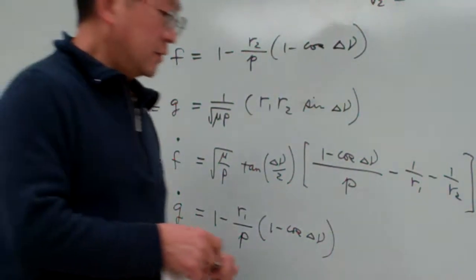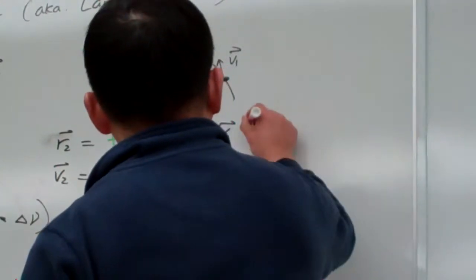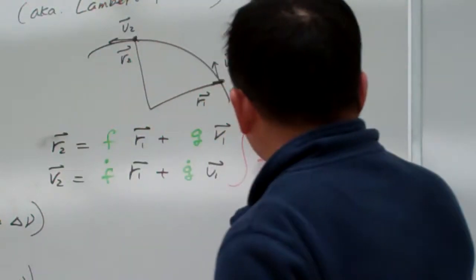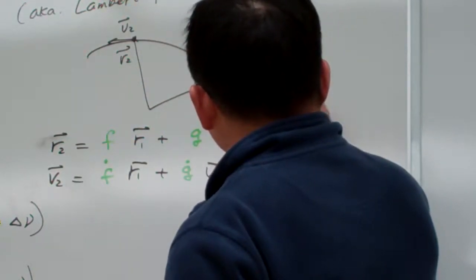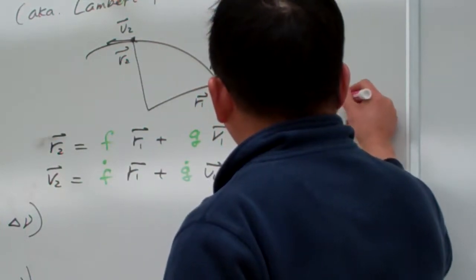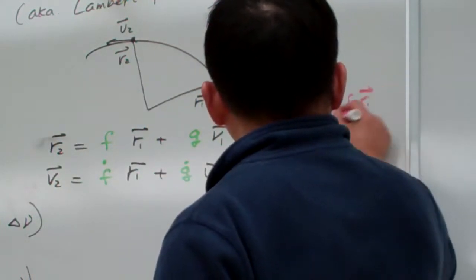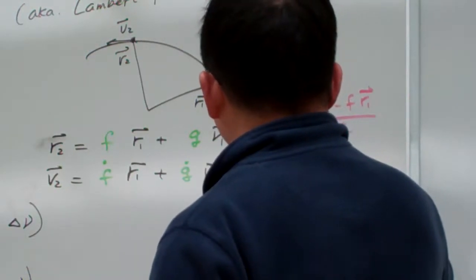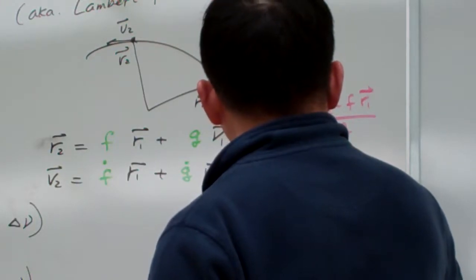And V1, here we have, let me rewrite here. Based upon the two equations, V2 equals this one, we know. And from this equation, V1 simply equals R2 minus f R1 divided by g. Okay, so let me rewrite V2 again. That's trivial.